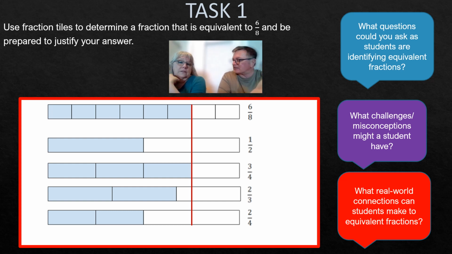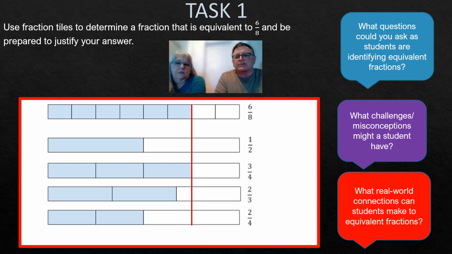So in terms of an exemplar answer here, a student that says, well, 3/4 is equivalent to 6/8 because it takes up the same amount of space, or the distances are the same if they see this as a linear model, connecting it to a number line. So those would be some ways for students to explain how they know.